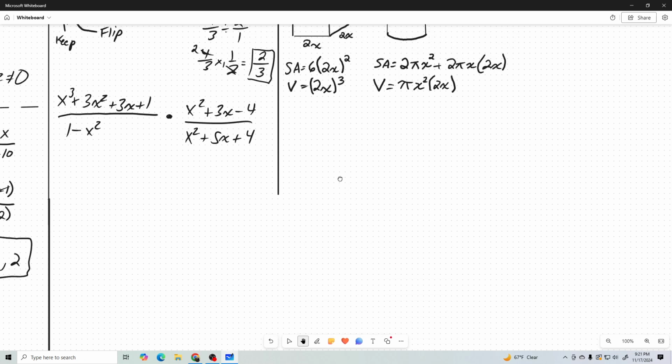Now let's factor. Make this a little bit longer. Cool. Okay, so let's go ahead and factor this stuff. First of all, we have x cubed plus 3x squared plus 3x plus 1. Now, you'll notice that we have a 1, 3, 3, 1. Hopefully you remember from Pascal's triangle that this would be the third step. And this is what is known as the sum of cubes.